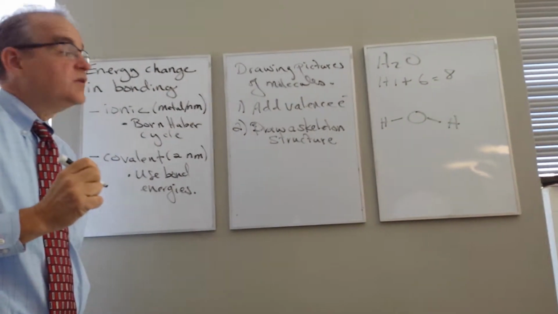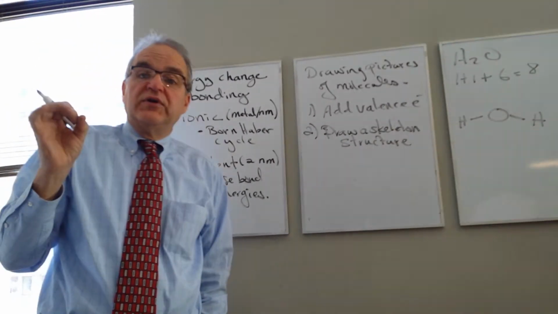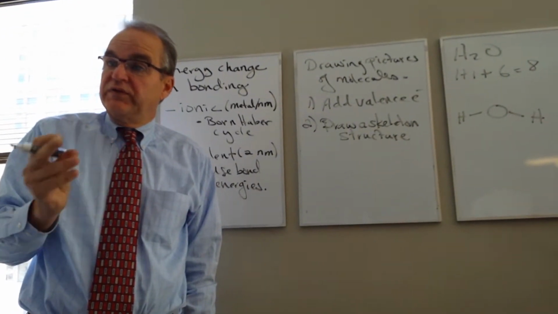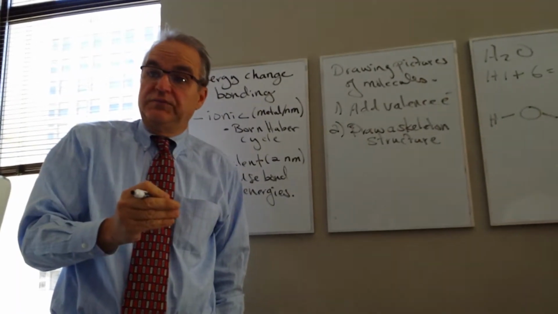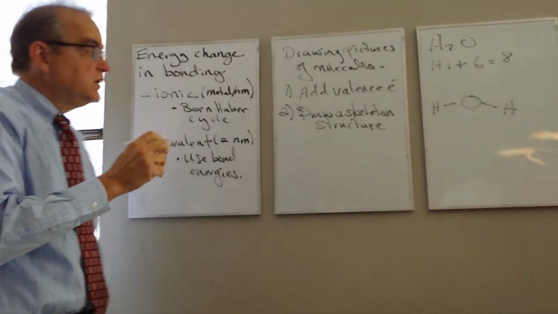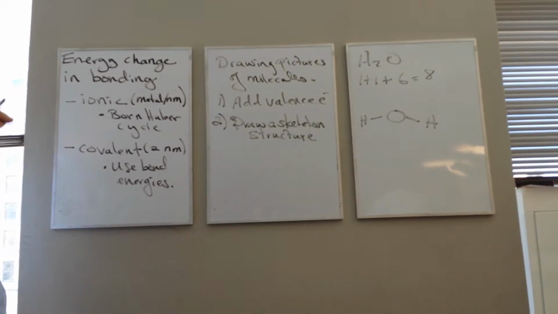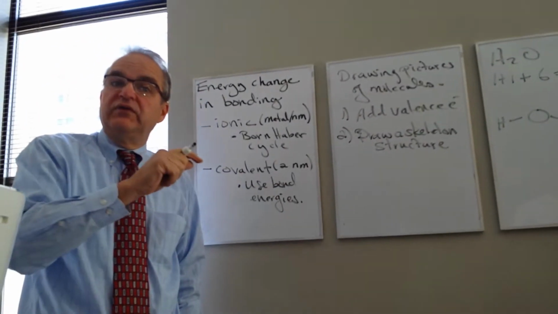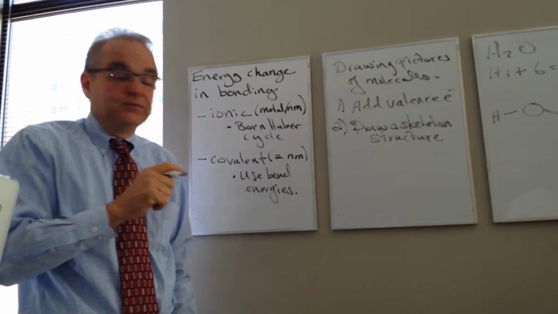A skeleton structure. A question that should come up in your mind is, how do we know what to put in the middle? Does the H go in the middle or does the O go into the middle? And the answer to that question can vary. But generally, the element with the most open spaces in its valence shell goes in the middle.